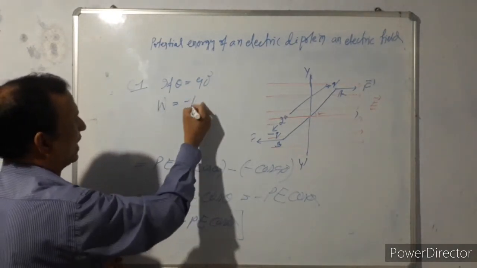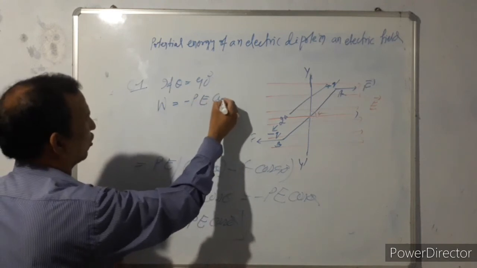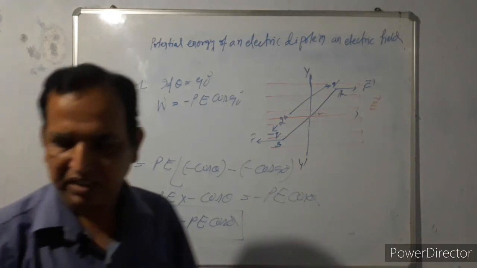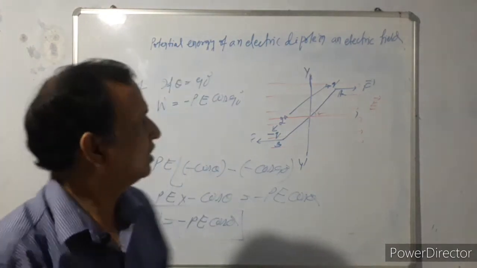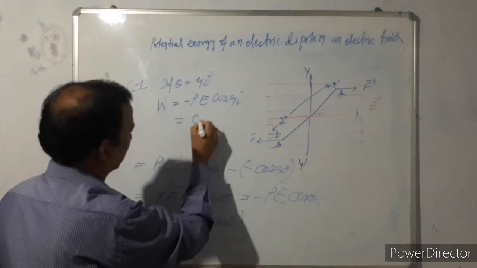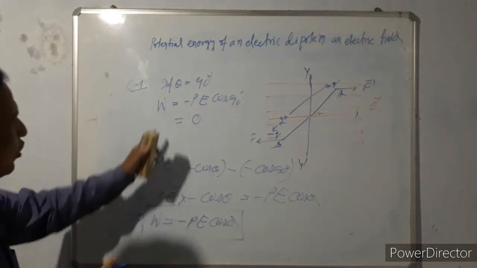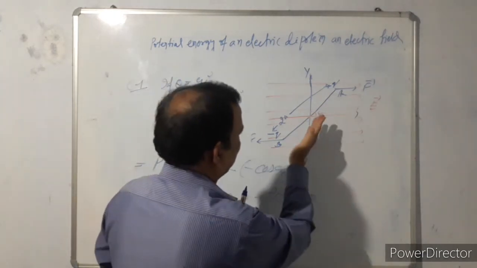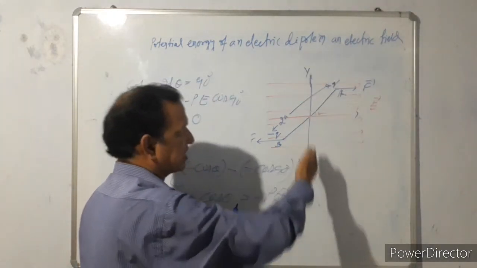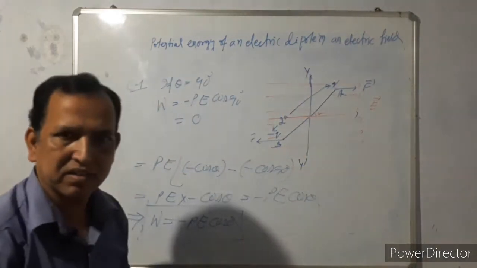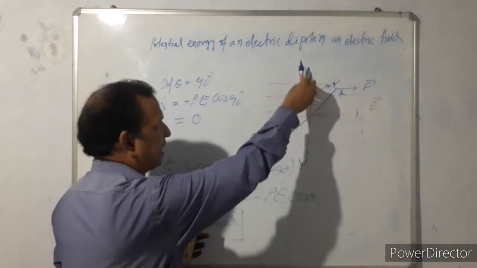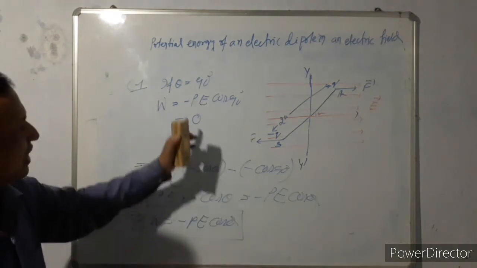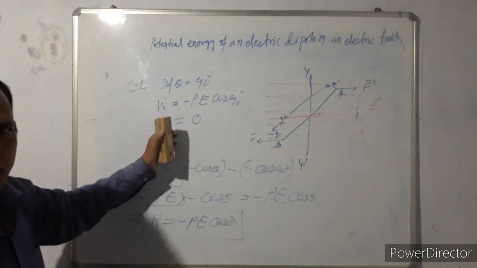W is equal to minus P E cos 90. What is cos 90? That is 0. So the potential energy is 0. Theta 90 means the dipole is in this direction along y dash. That is the dipole is like theta is 90 like this. So there is no energy, there is no work.